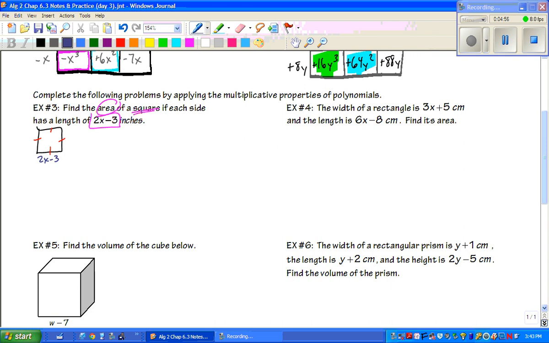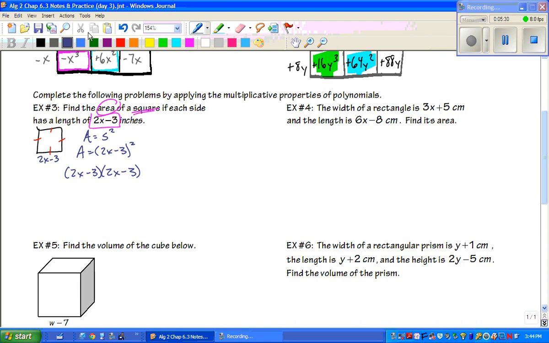Now the key thing here is to remember how to find area of a square. And area of a square is your side squared. So if one side is 2x minus 3, we're going to go ahead and square that. Okay? So let's go ahead and do that. 2x minus 3 times 2x minus 3.